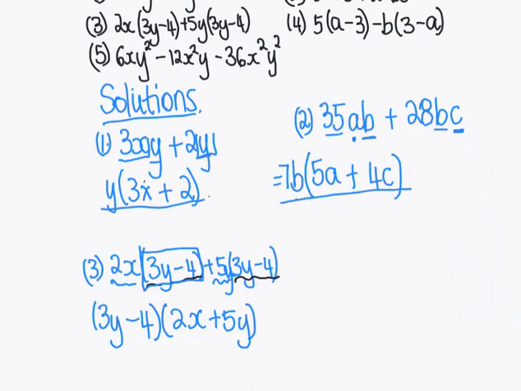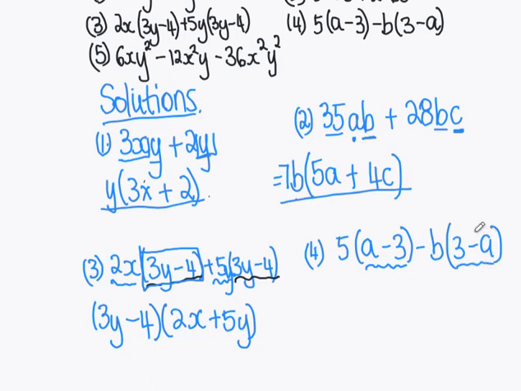And for number 4, we have 5a minus 3 minus b, 3 minus a. As you can see here, we have a minus 3, but this side we have 3 minus a.